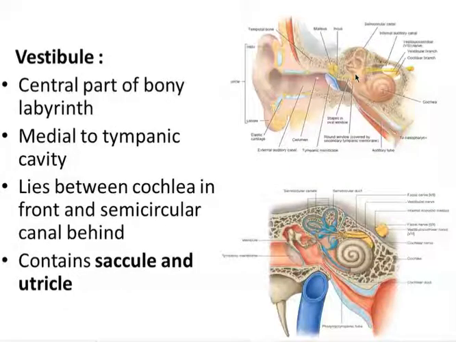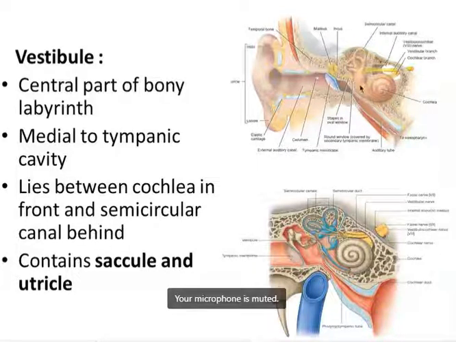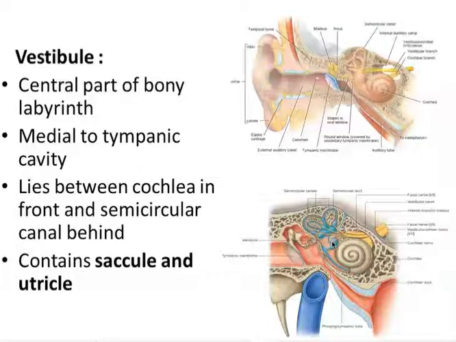It also lies between the cochlea in front and the semicircular canals behind. Within the vestibule, in the membranous labyrinth, you will find the saccule, a membranous sac, and the utricle.